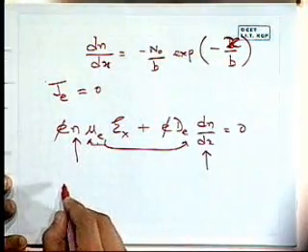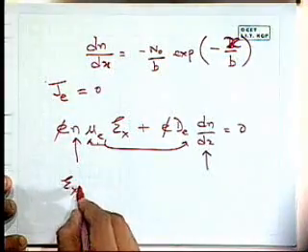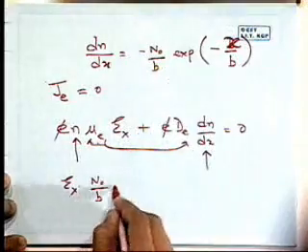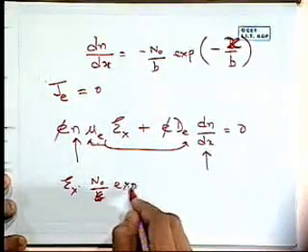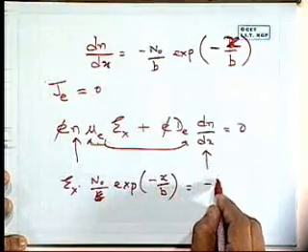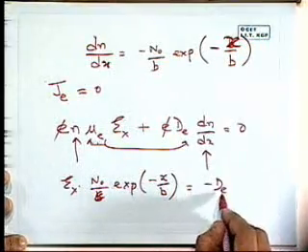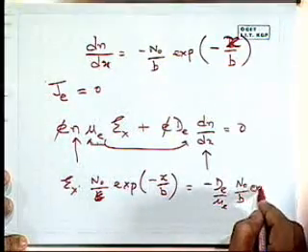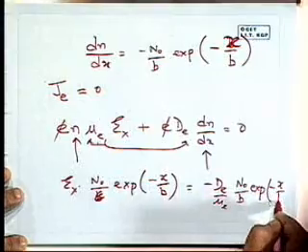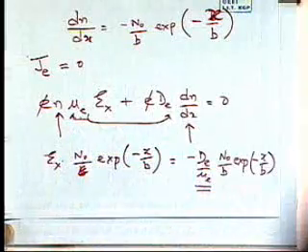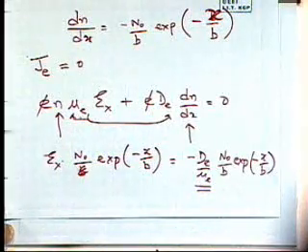So when we do that, we have epsilon x, the field, times n, which was n naught exponential minus x by b, will be equal to minus dE by mu E times n naught by b exponential minus x by b. Simply substituting there. And here then you can substitute for kt by q.